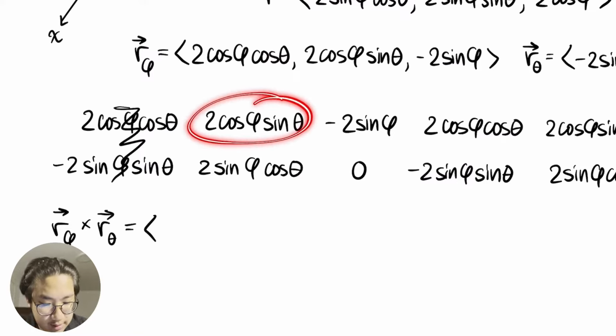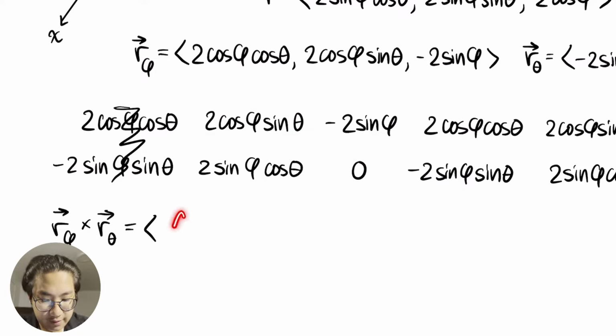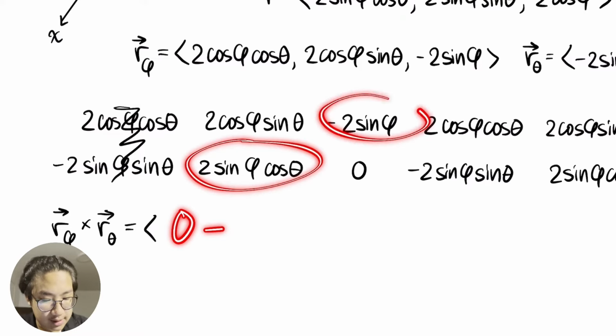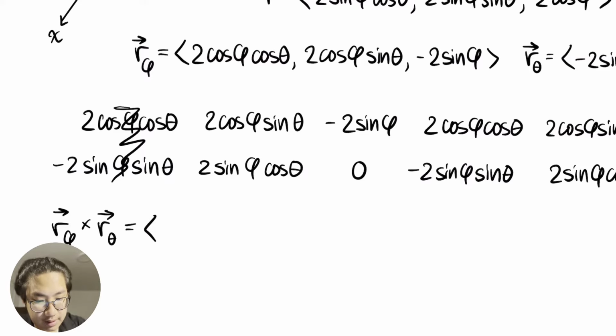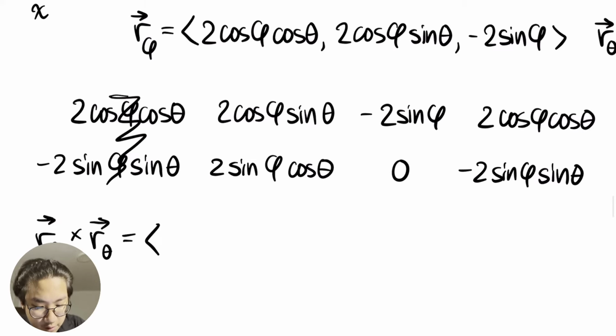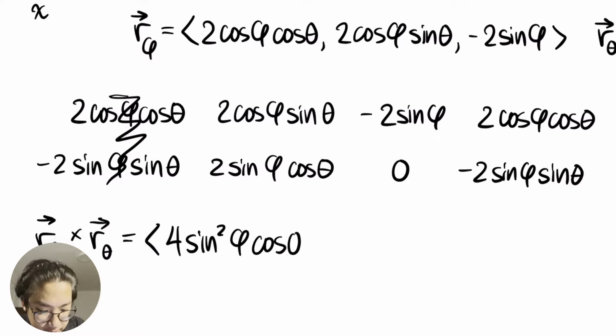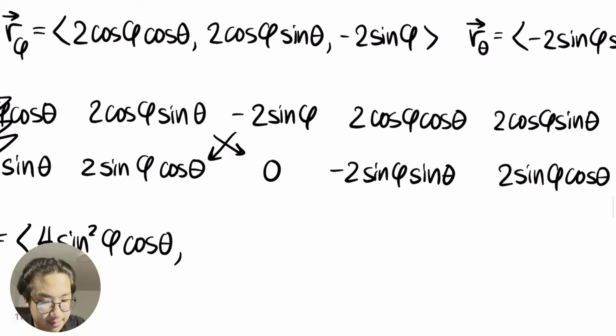So this times this is equal to 0. So you have 0 minus this times this. This right here is negative, so it just becomes the positive of it. So we have effectively positive 2 sine phi times this, which gives us 4 sine squared phi cos theta. So that's this times this minus that times that.